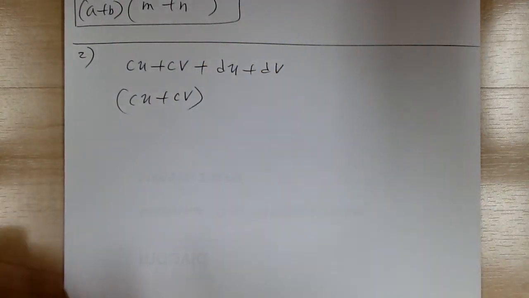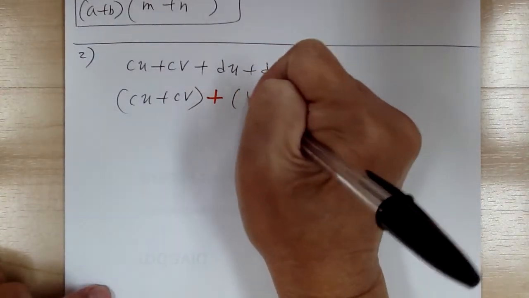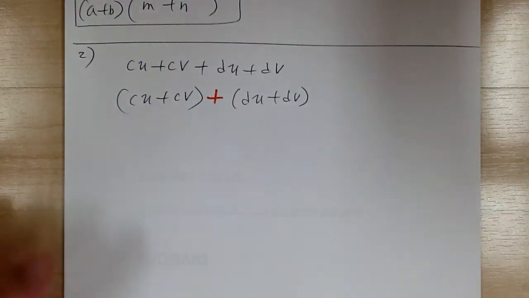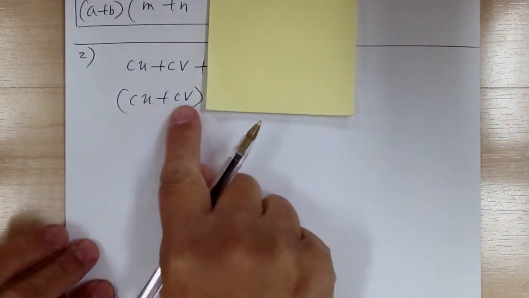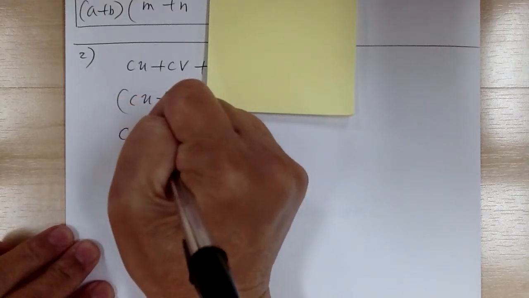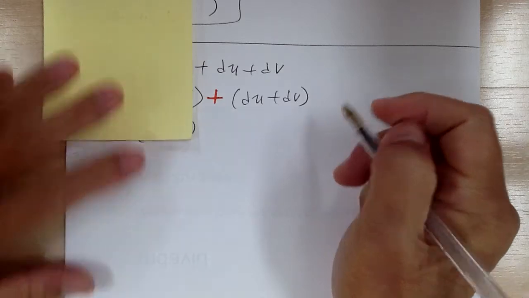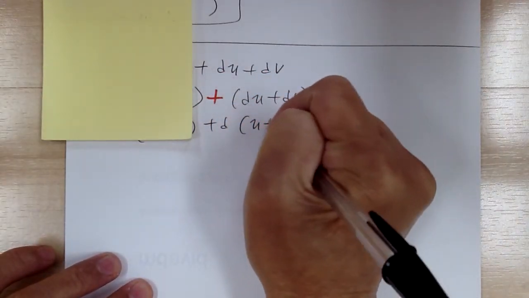Again, I'm just putting the plus between each group. Then over here, I can do 1 half at a time. So this one you can factor the C. So you got U plus V. You're done with the first half, you go to the second half. This one you can factor the D. So you got U plus V.